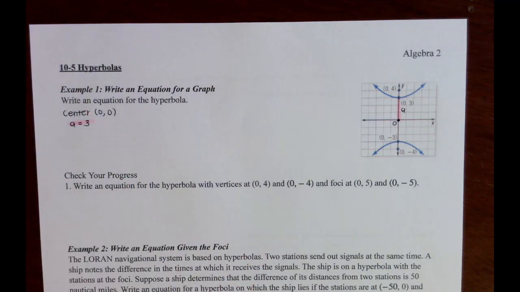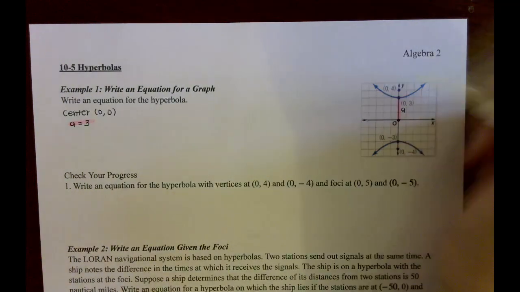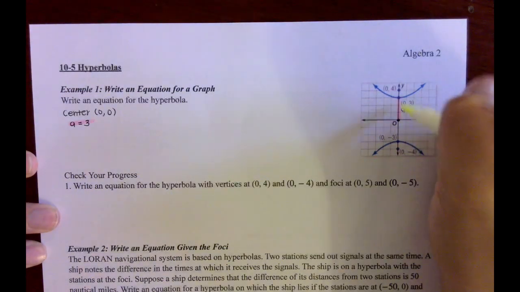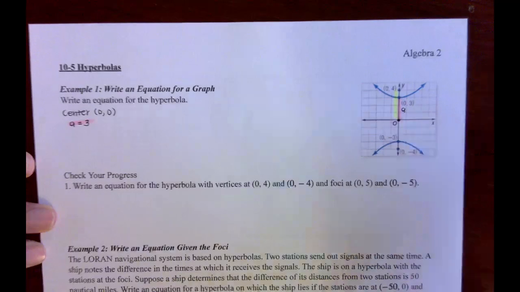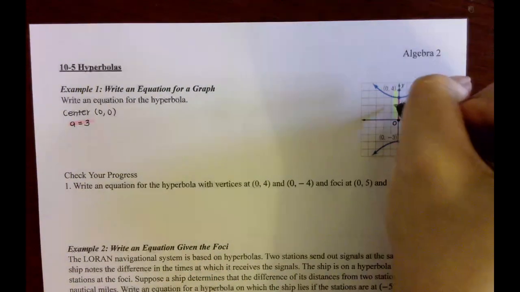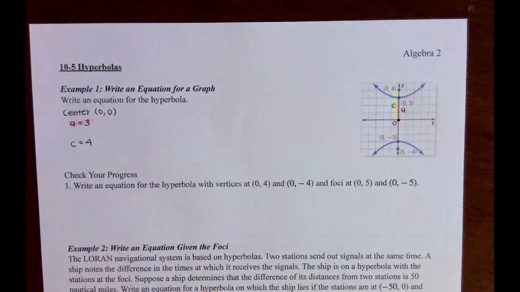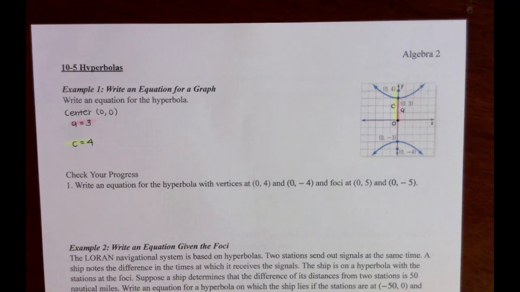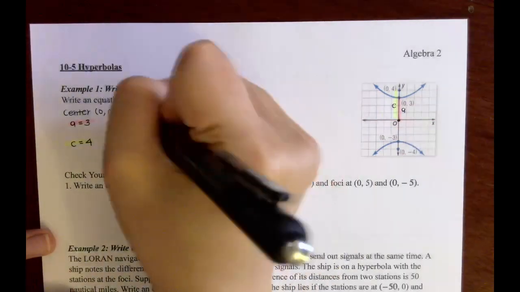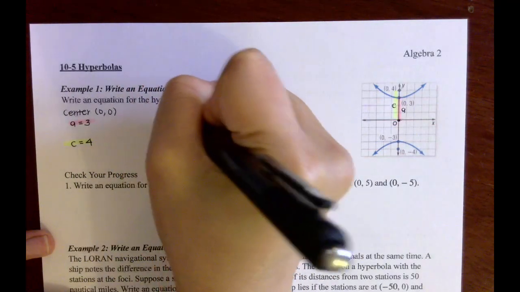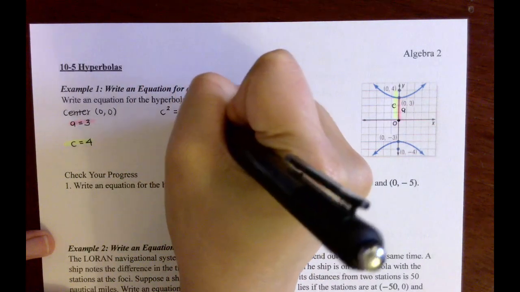Okay. Then, since this time we're given our foci, from the center to the focus, this will give us C. And so here we know that C equals 4. Okay. So to write my equation, I still need B. In this case, it's C squared equals A squared plus B squared.